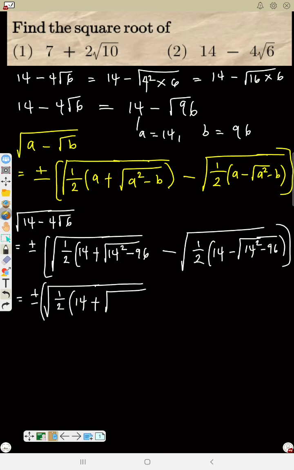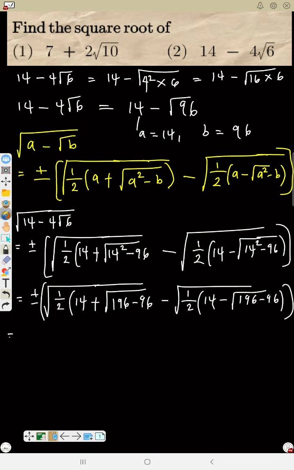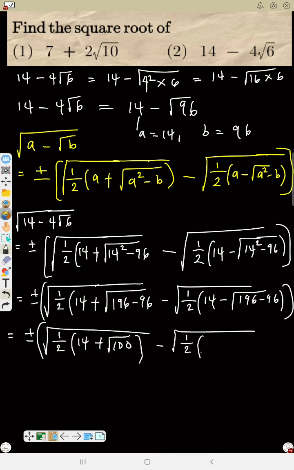so what is 14 square? That will be 196 minus 96, square root of 14 minus square root of 196 minus 96. So this will become plus or minus square root of half 14 plus square root of 100 minus square root of half into 14 minus square root of 100, because 196 minus 96 is 100.